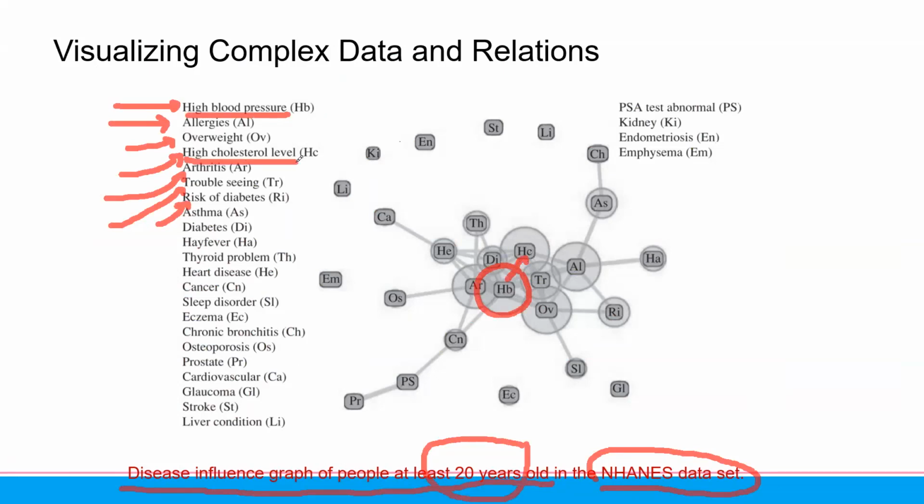It is the high cholesterol level. So using this simple graph or network, we can see the relationship between diseases. Not only diseases, but we can also see relations between persons, or between universities, or between organizations, and so on.